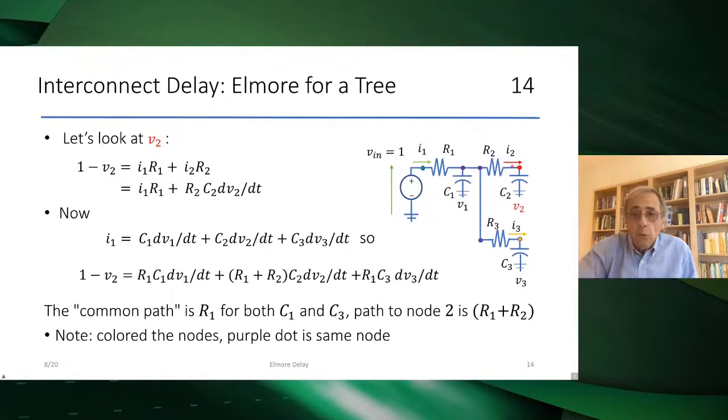The intersection with itself is the R1 plus R2. The intersection to here is only R1. I'm trying, I don't know if you see them very well, colors for the dots. These 3 nodes are the same. The red dot and the orange dot are 2 different nodes. So this tells you more or less a very simple case.